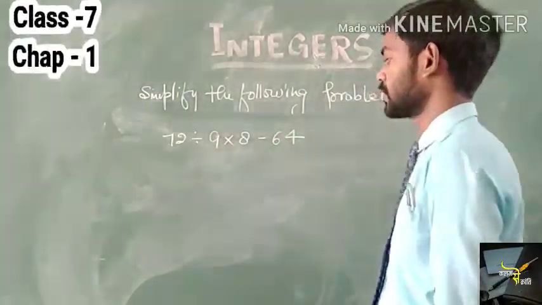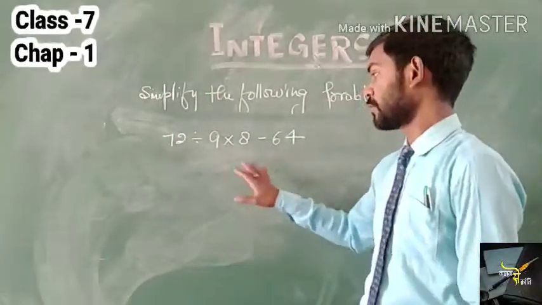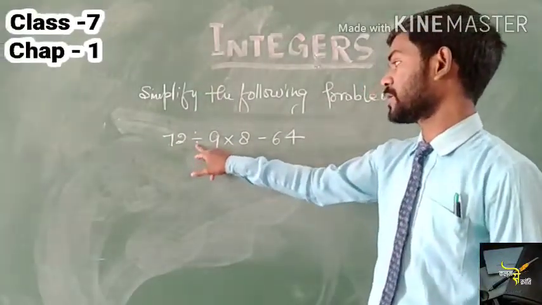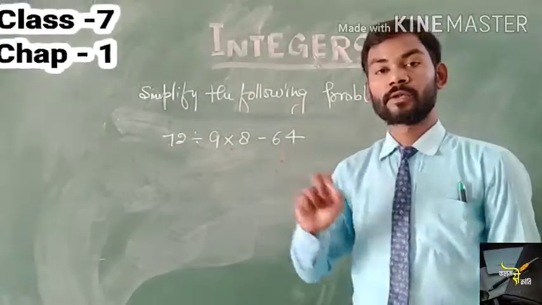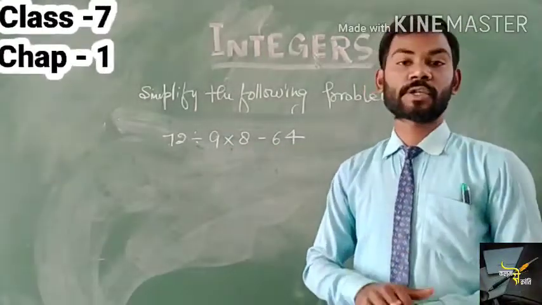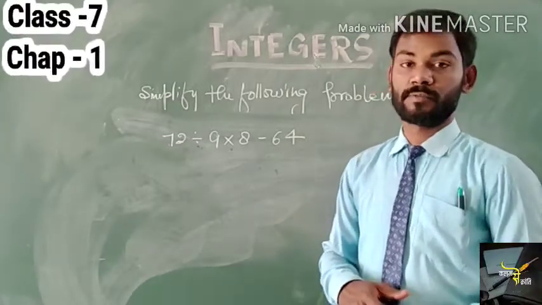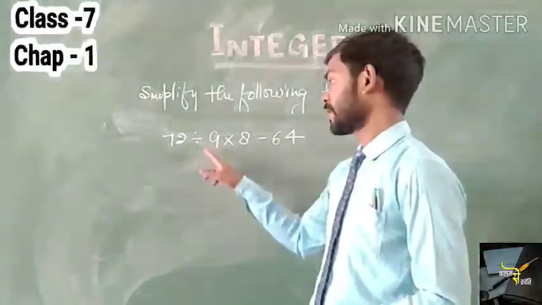Okay, so this is the given question. Here we can see that the operations are division, multiplication and subtraction. So according to BODMAS, first of all we shall use division. So here we first divide.